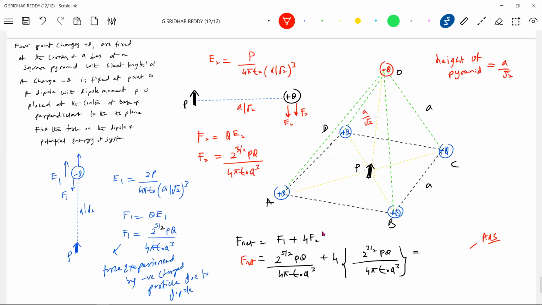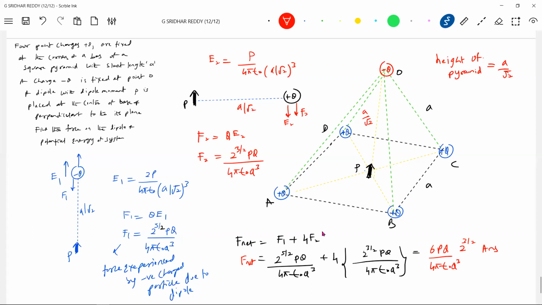I'll write it in a better way. 6 PQ by 4 pi epsilon naught A cube. This much? Yes, sir. Fine. Okay, say nothing big. Already what we know, we have just applied it.